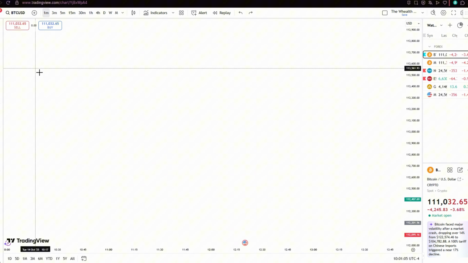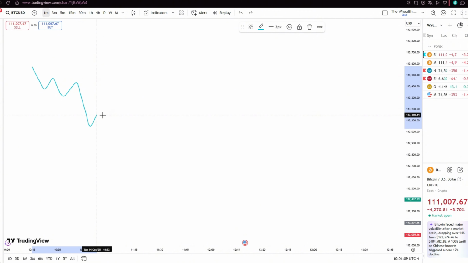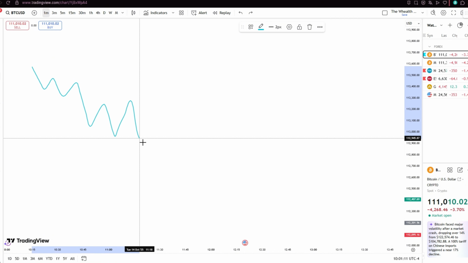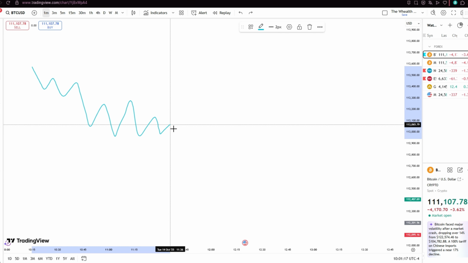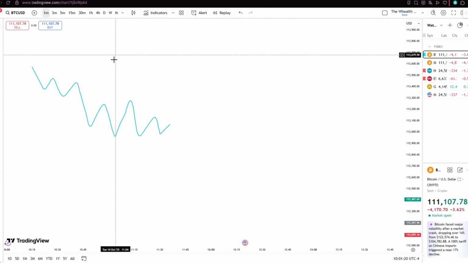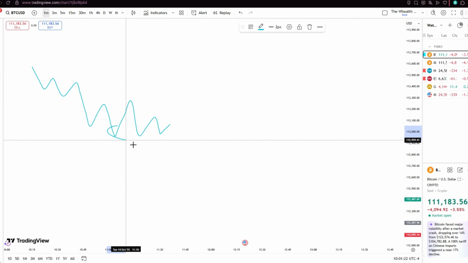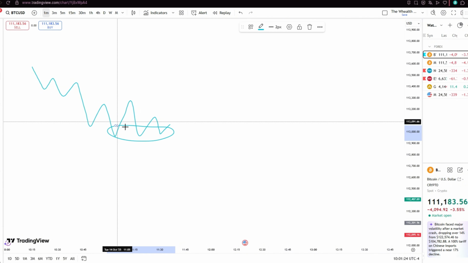First of all, we have price going this way and bam, it bounces off perfectly here. I can draw it out better, but these three lows are perfectly on the same line.